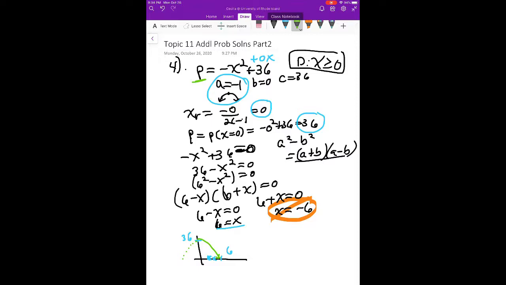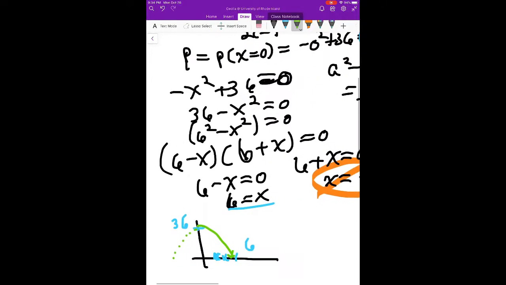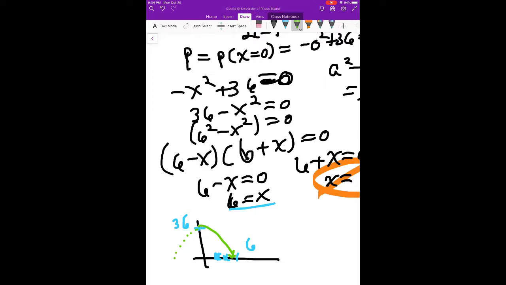Okay, so now we're asked to determine the quantity demanded when our unit price is set to $11. So let me see if I can make this a little bigger. The idea is we're going to come in where this is 11, and we're going to figure out what x is when the price is 11.